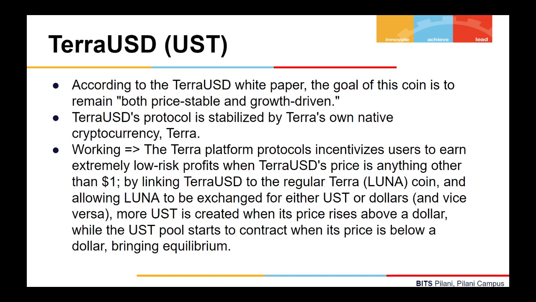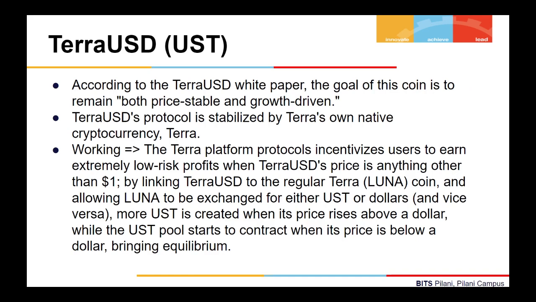Now, this is an interesting stablecoin, and it promotes a different aspect of stablecoins, which is both price stable and growth driven. Terra USD protocol is stabilized by Terra's own native cryptocurrency, Terra, which is also called Luna. Basically, it works by incentivizing users to earn extremely low risk profits when the Terra USD price is anything other than $1.